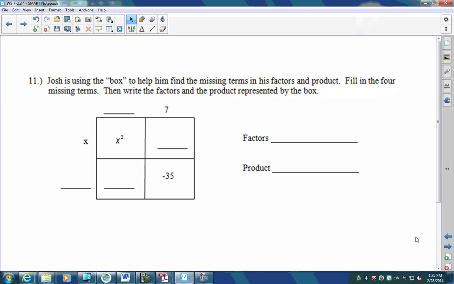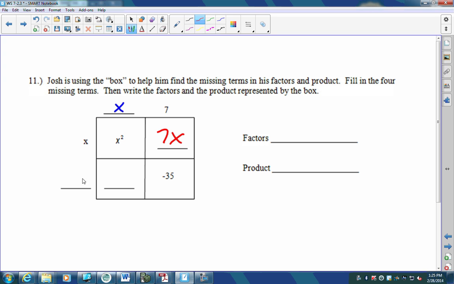All right. It says Josh is using the box to help him find the missing terms of his factor and his product. Fill in the 4 missing terms. Okay, let's think about this like when we were multiplying. Let's treat it like a puzzle. I see that right here is x squared. So out on the sides, x times what gives you x squared? X, so the x goes up here. Well, to fill in this top right-hand box, x times 7 is 7x.